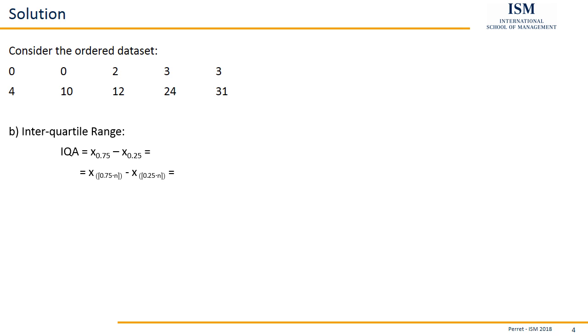So here we calculate 10 times 0.75, getting 7.5, and for the other one 2.5. The next highest integers are 8 and 3. So we look up the 8th and the 3rd value, getting 12 and 2. The difference of those two is 10, so our interquartile range is 10.